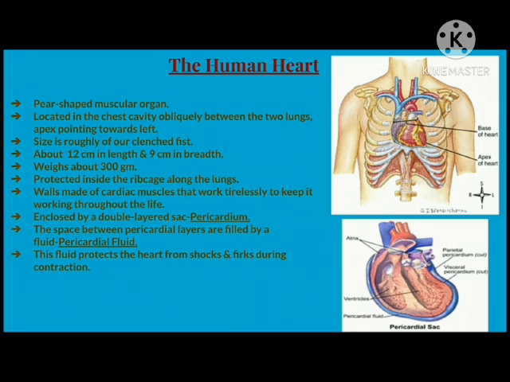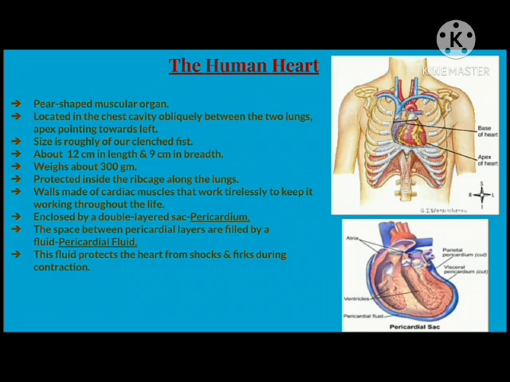The heart is present right in the center, not on the left side. It is felt as if it is on the left side, but actually it is in the center between the two lungs in the thoracic cavity above the diaphragm. And the size of the heart is just the size of our closed fist.